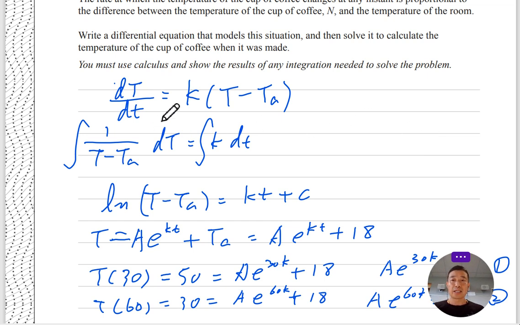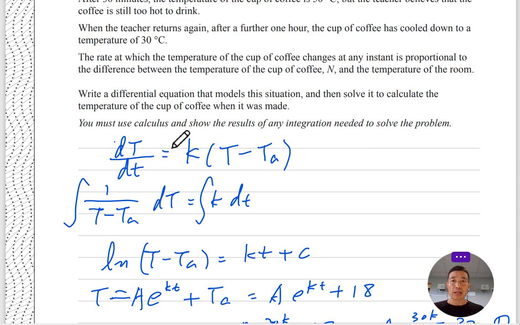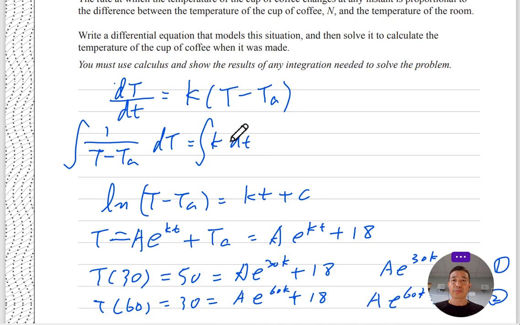So dT/dt, the rate of change, equals k times, it shows proportional, right? T, I could say Tn, but I didn't, just T, the temperature of the coffee, minus Ta, the ambient temperature, right?